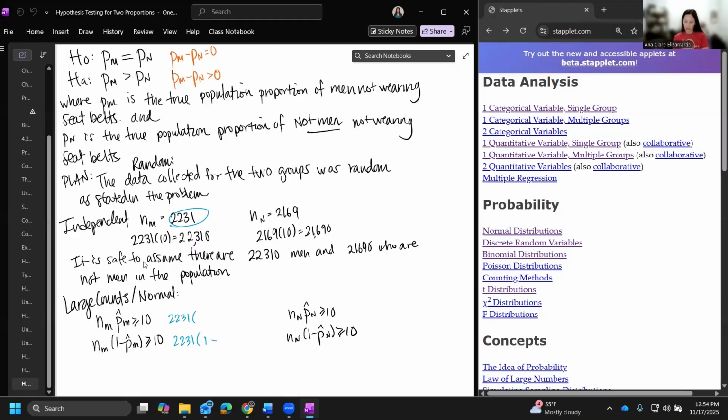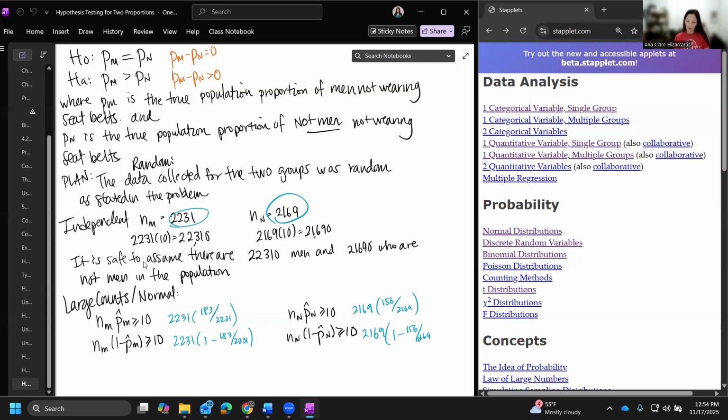There were 183 who did not wear seatbelts, and then the remainder who did. The sample size for not men was 2169, and there were 156 out of those that did not wear their seatbelts, and then the complement.